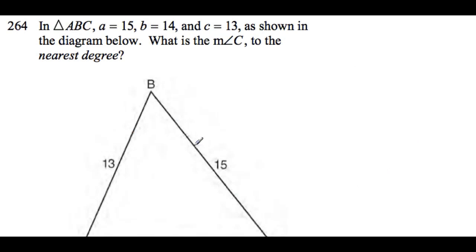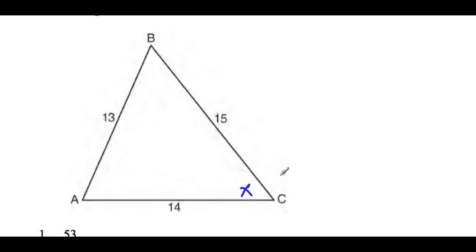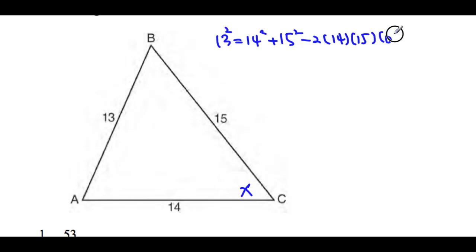So we have this big triangle. I want you to find the measure of angle C, which is this one. How do you find that? Since we are looking at three sides and an angle, we have to use the law of cosines. That's right. Then opposite of the angle which we are looking at is the 13 squared. Then the other two will be 14 squared plus 15 squared minus 2 times 14 times 15 times cosine of x.